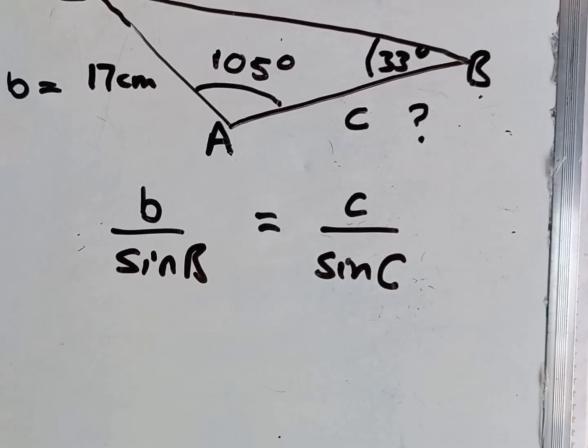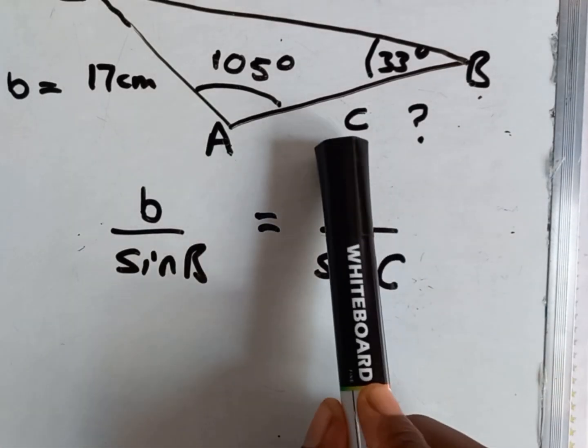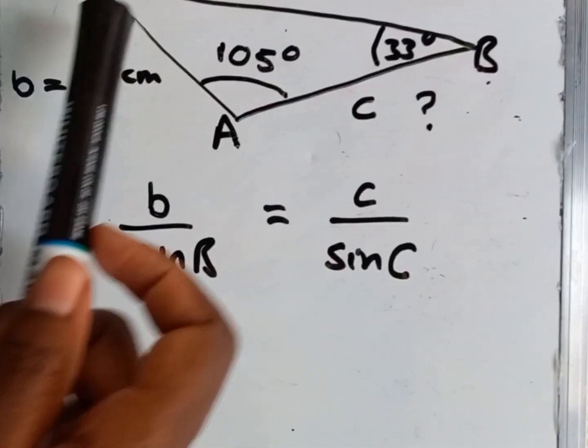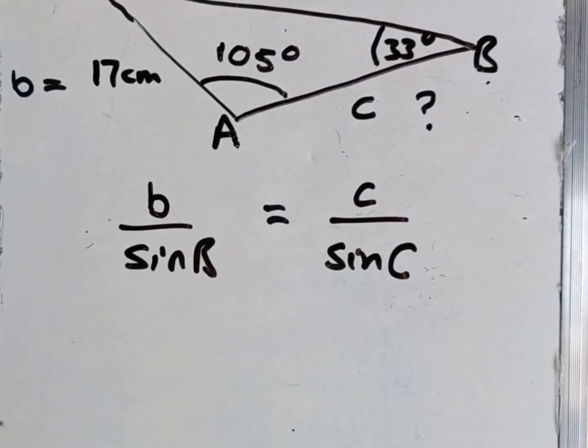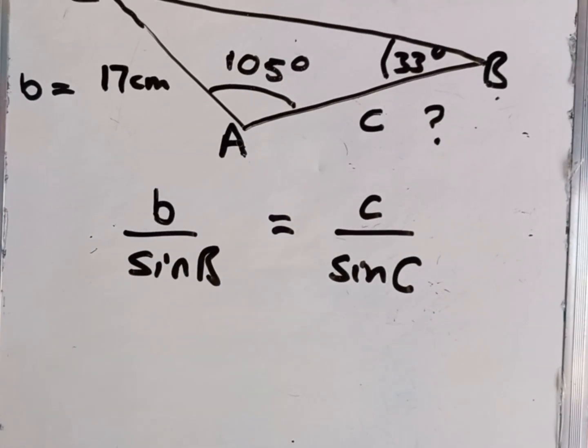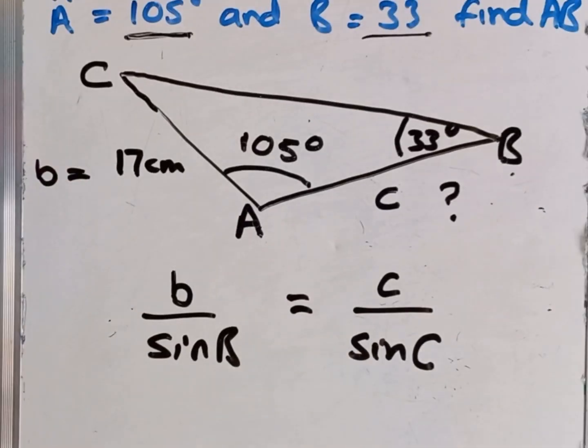But right now, are you seeing this? We want to find side c, but we are not given angle C, which means we first need to find angle C. So here, angle C was vital.